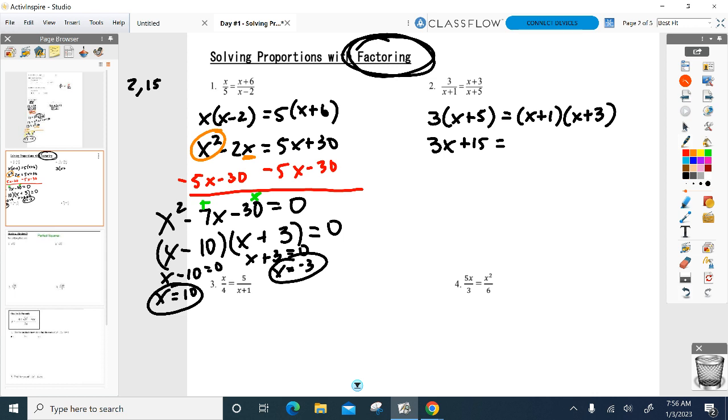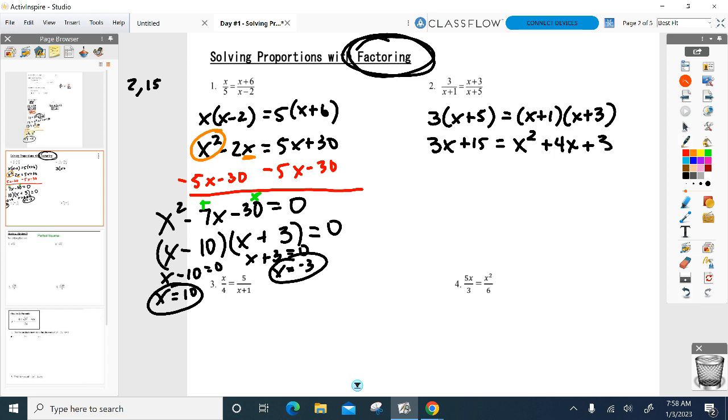Then get one side equal to 0. Okay, when you double distribute, are you getting x squared plus 4x plus 3?